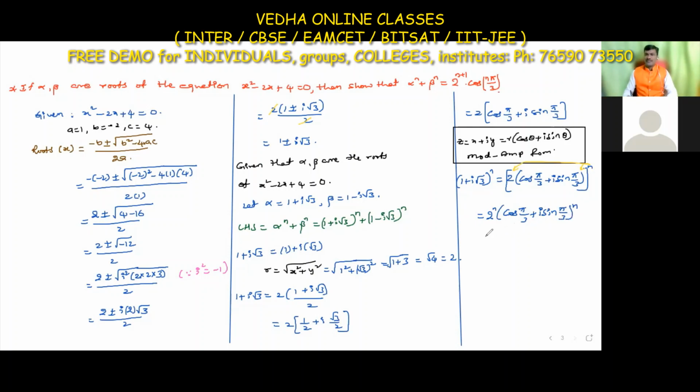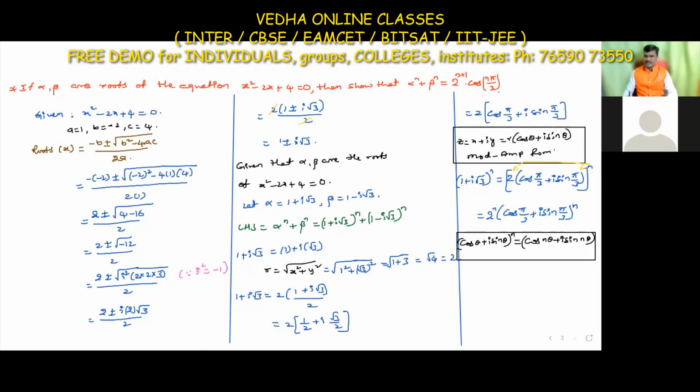Now apply De Moivre's theorem. What is De Moivre's theorem? Cos theta plus i sin theta whole to the power n. De Moivre's theorem is nothing but that power we write in front of the theta. That is the only requirement here.